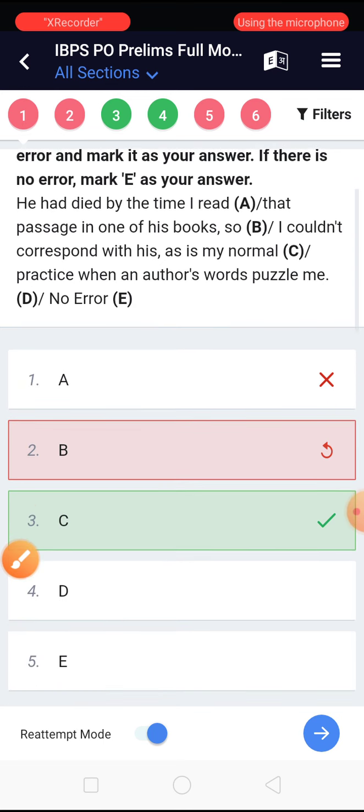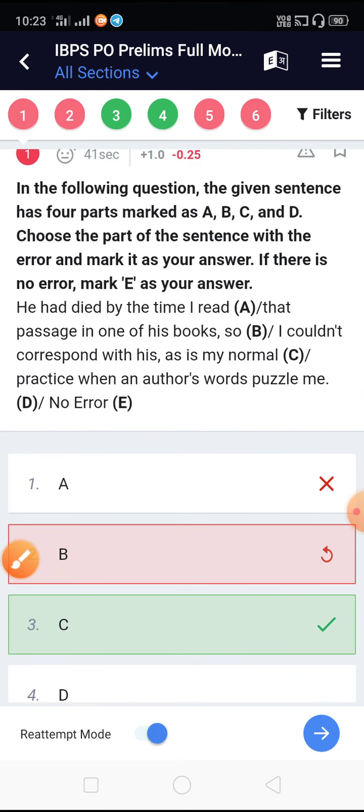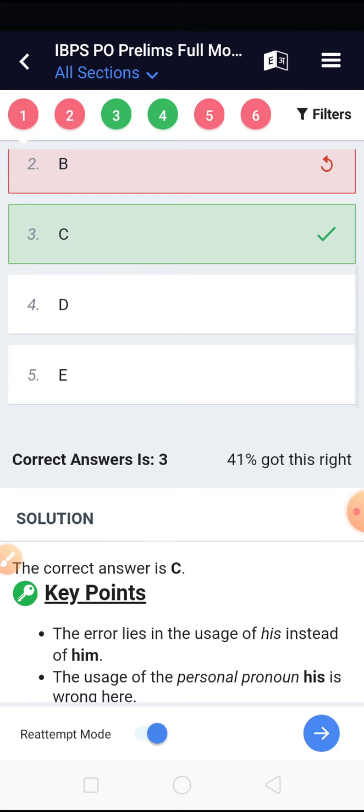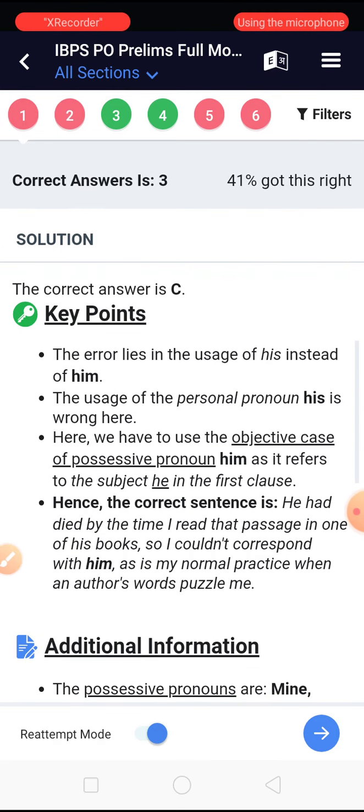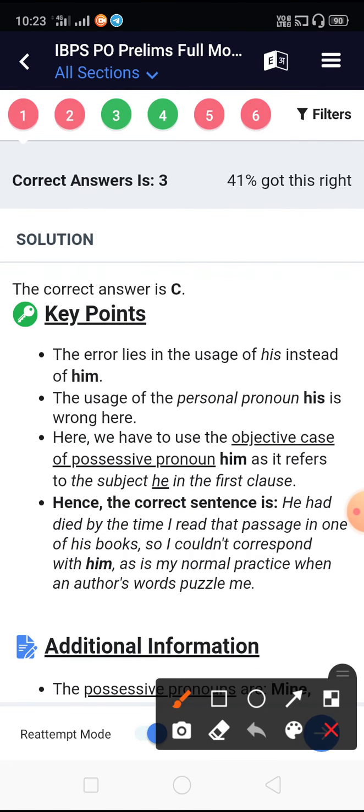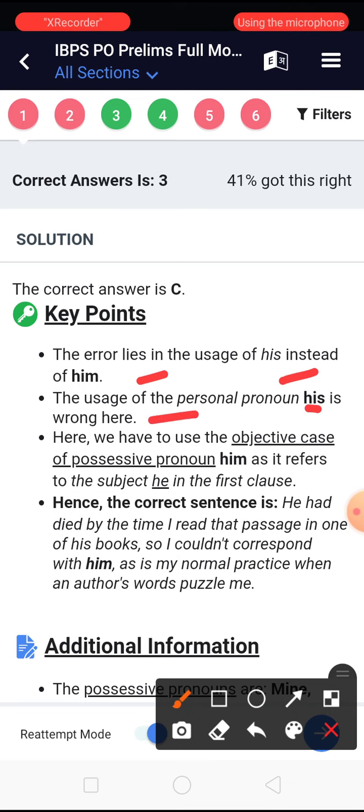तो कहाँ गलती है? बी में गलती है. तो बी में देखते हैं क्या गलती है. तो की पॉइंट देखिए बी में. This error lies in the usage of his instead of him. This usage of the personal pronoun his is wrong here.